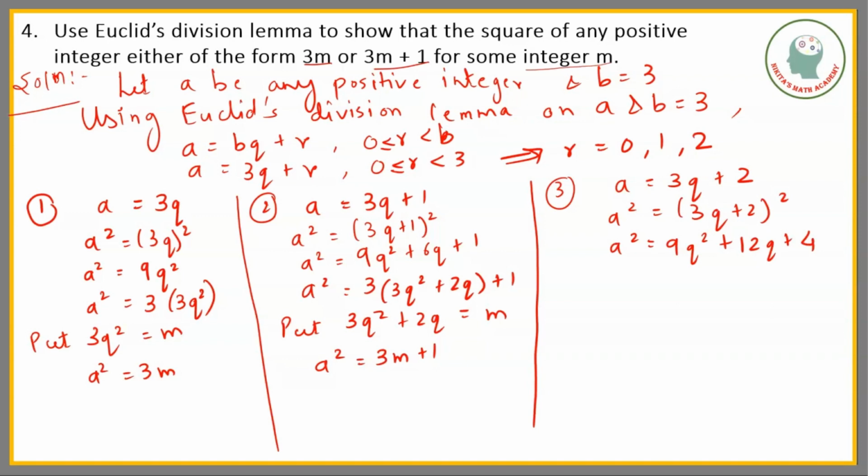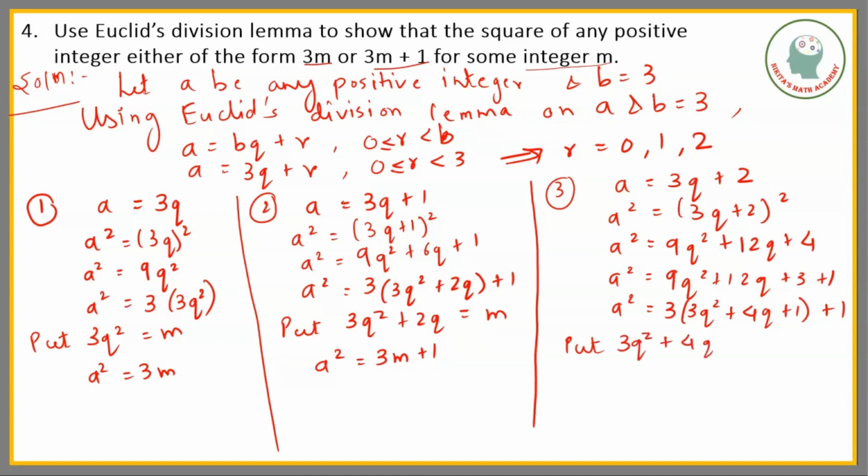Now we can write 4 as 3 plus 1. In the next step, we take 3 as common, so in the bracket we have 3q squared plus 4q plus 1, plus 1. Here I'll put the bracket, 3q squared plus 4q plus 1, equals m. Then I get a squared equals 3m plus 1.